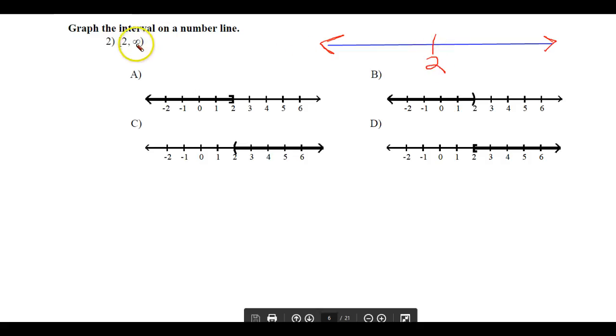And what is this showing? Well, because of the bracket here, it indicates that 2 is included in the set, so we put a bracket there. And this is going toward positive infinity, which is out there. So this one is also letter D.